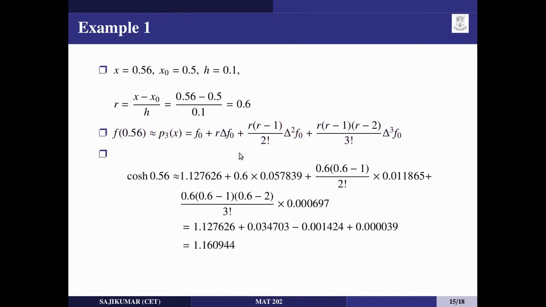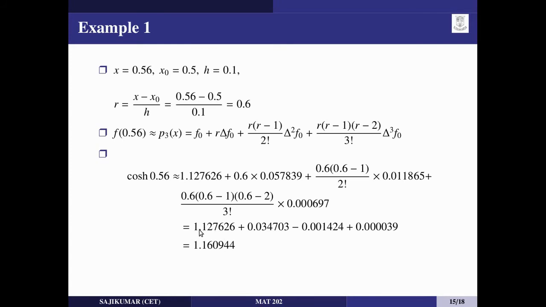Substituting for the function value f0, that is 1.27626, and the higher order differences, and substituting for the linear factors r minus 1, r minus 2, and simplifying, we will get the hyperbolic cosine value approximately equal to 1.160944.